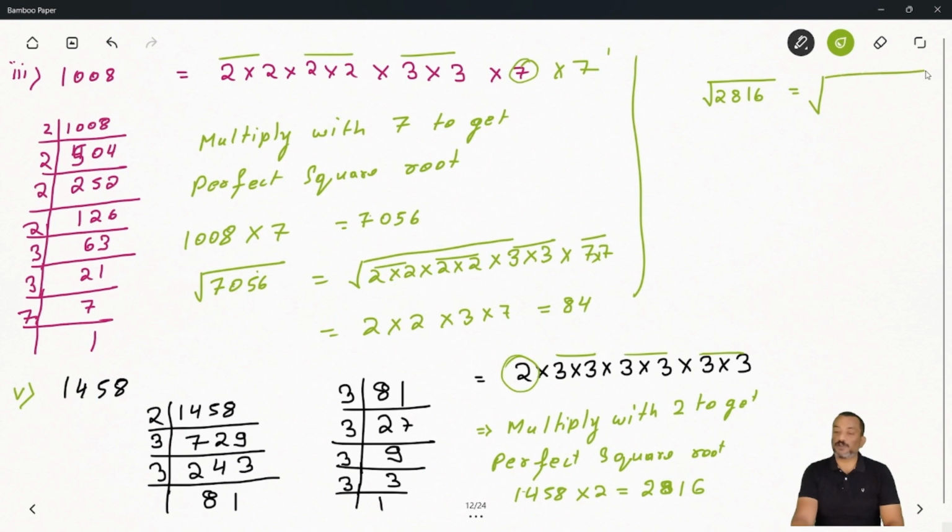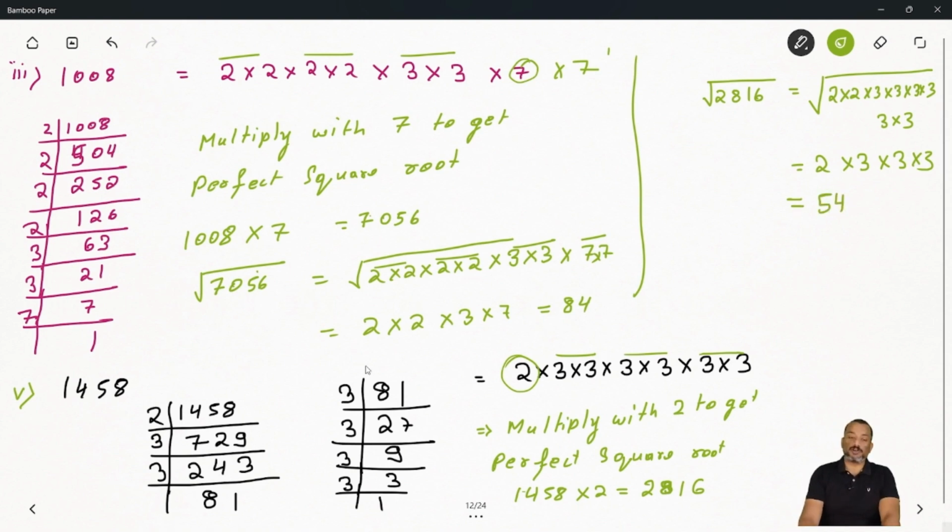Factors you will get: 2 times 2, then 3 times 3, then 3 times 3, and the last 3 times 3. So what factors will you get outside? 2, 3, 3 and 3. So how much will you get? 2 times 3 is 6, 6 times 3 is 18, and 18 times 3 you will get 54. The square root of 2916 is 54.